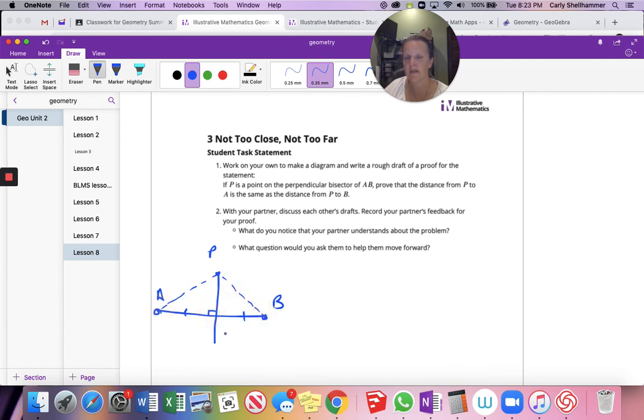Let's call that point Q. AQ is congruent to BQ. It's kind of given because it's a perpendicular bisector.